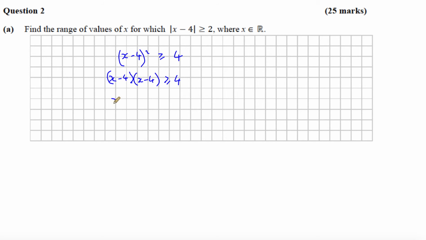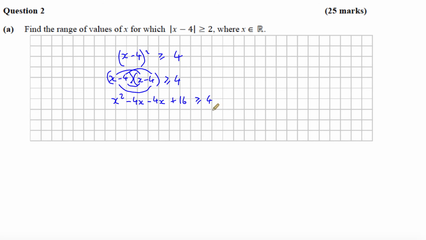And that gives us x squared minus 4x, minus 4x, and minus 4 by minus 4 is positive 16, again greater than or equal to 4.